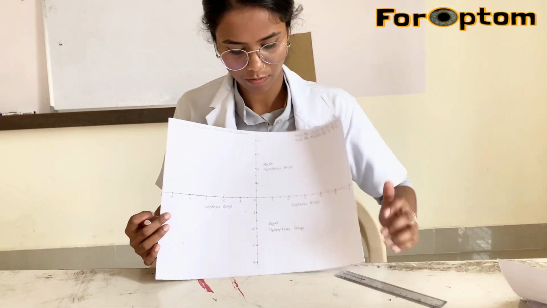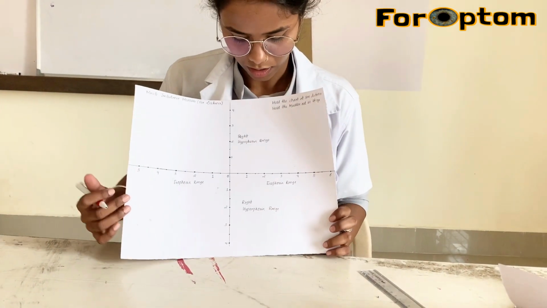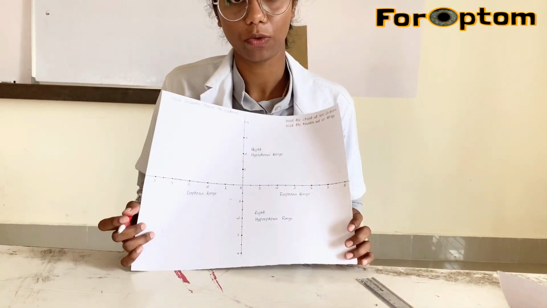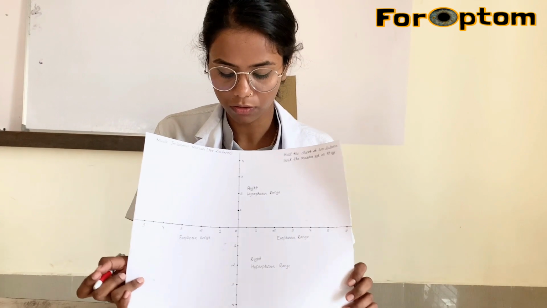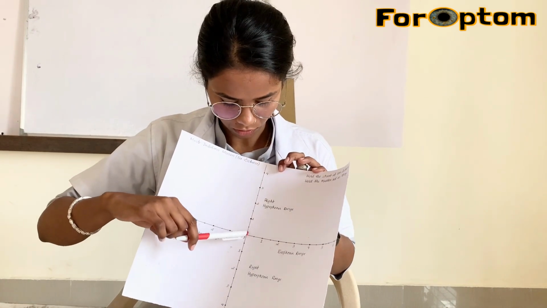Now the chart is prepared. Now you can see every measurement is done, for hyper, hypo, eso and exo. Now we will proceed to the procedure of how we are going to measure the phoria through this modified Thornton chart. Before that, we will make a hole at the center so that we can throw a light through this.